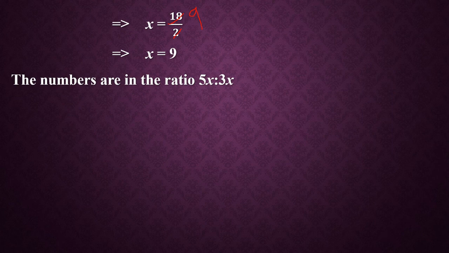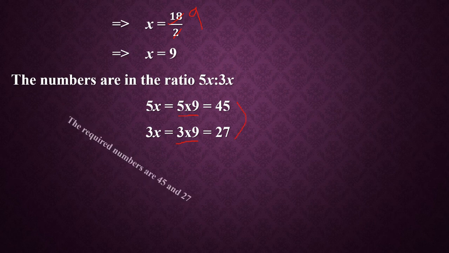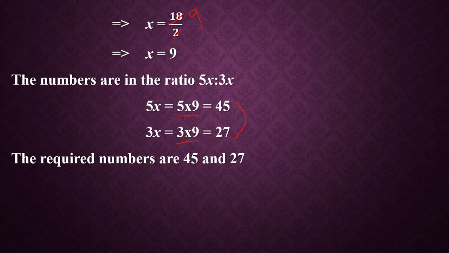So instead of x, you have to multiply with 9. So 5x equal to 5 into 9. That is 45. Next, 3x. So 3 into 9. So that is 27. So the required numbers are 45 and 27.